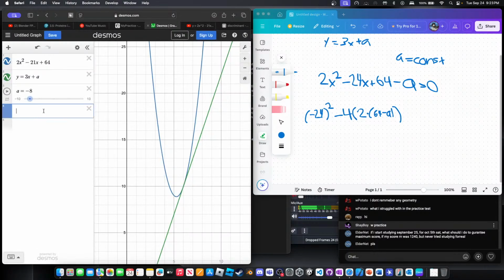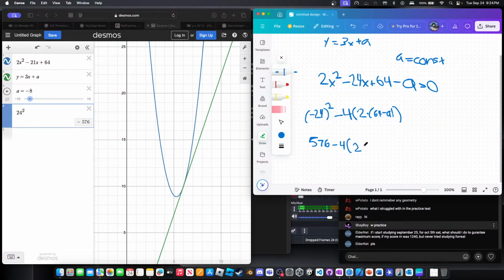Let's go back to Desmos. 24 squared is 576. So 576 minus 4 times 2 times, that's 128 minus 2a.